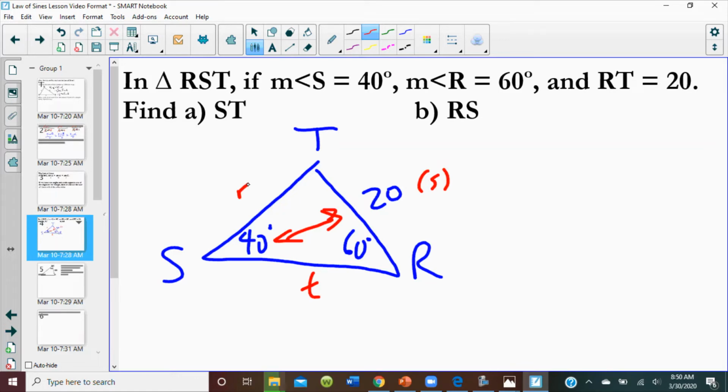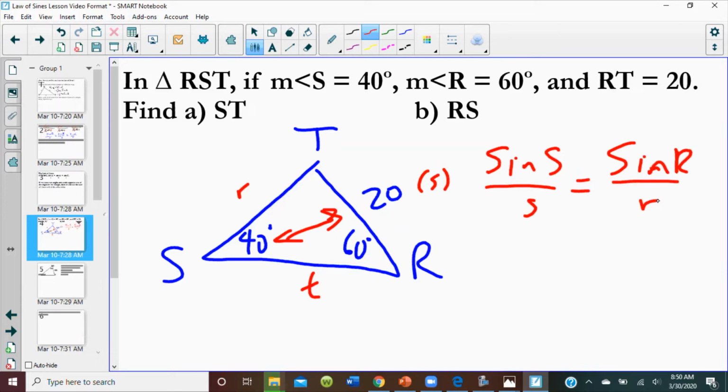We will use the sine of S over s equals the sine of R over r. Again, two pairs at a time, and then we'll solve for the measure of RS, in this case lowercase t.